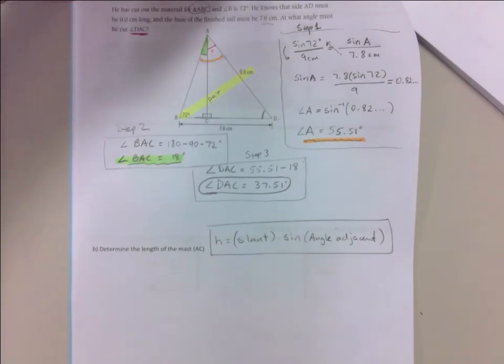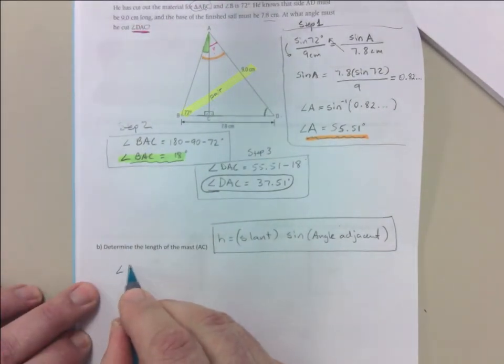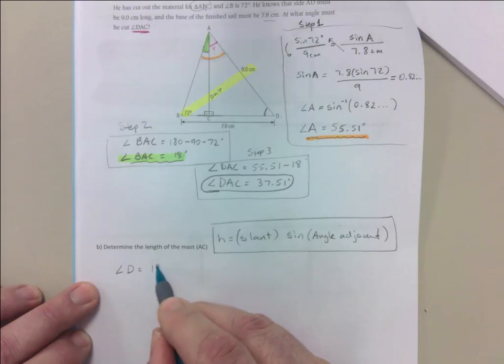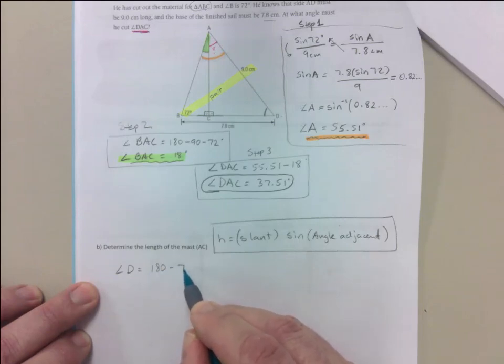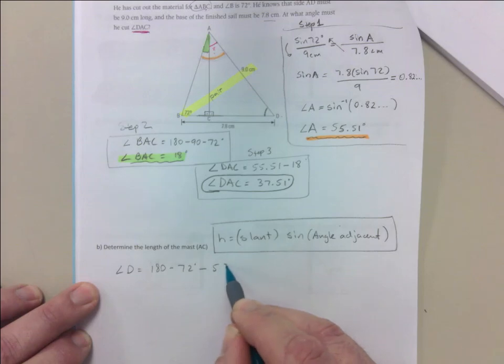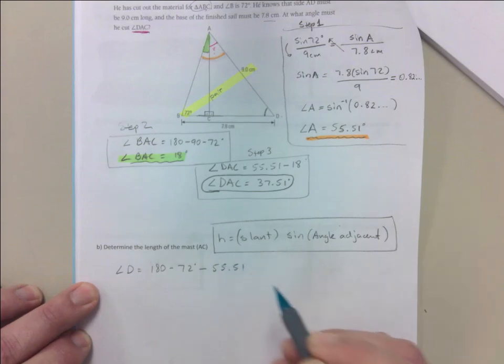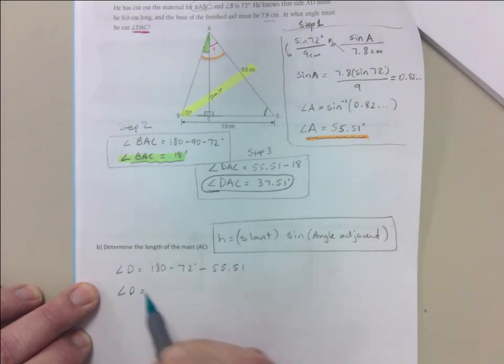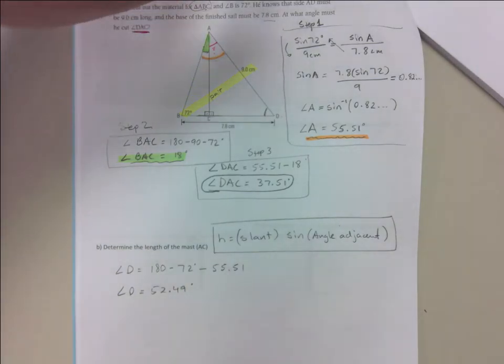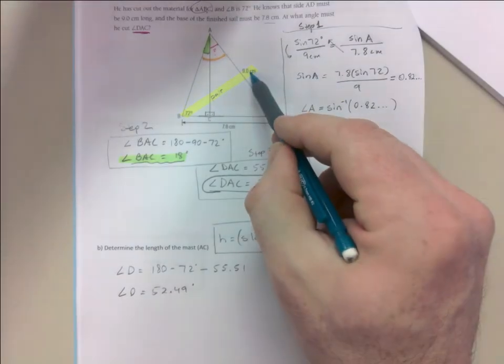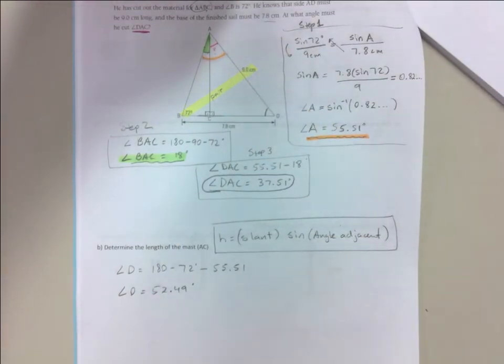So let's see here. Angle D is 180 minus 72 minus 55.51. That is 52.49. Okay. I'm going to zoom in now to that one. So now I'm going to use the 9 multiplied by sine of this.